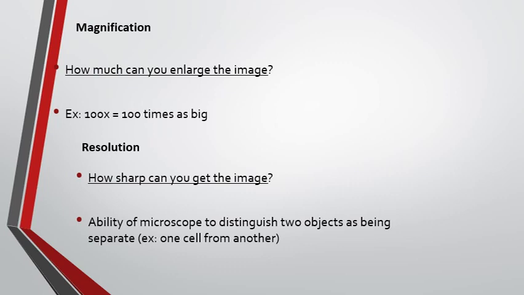The resolving power of a microscope is ultimately limited by the wavelength of light. Later on we will discuss the wavelength of light. To improve the resolving power, a shorter wavelength of light is needed, and sometimes microscopes have a blue filter for this purpose, because blue light has a shorter wavelength.